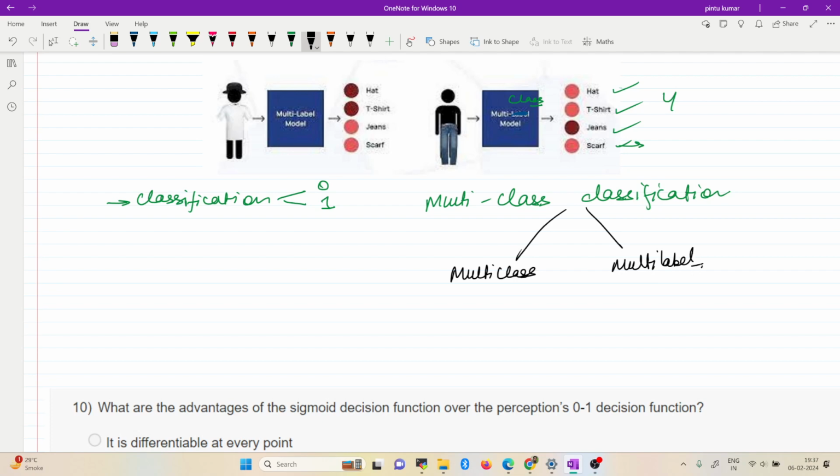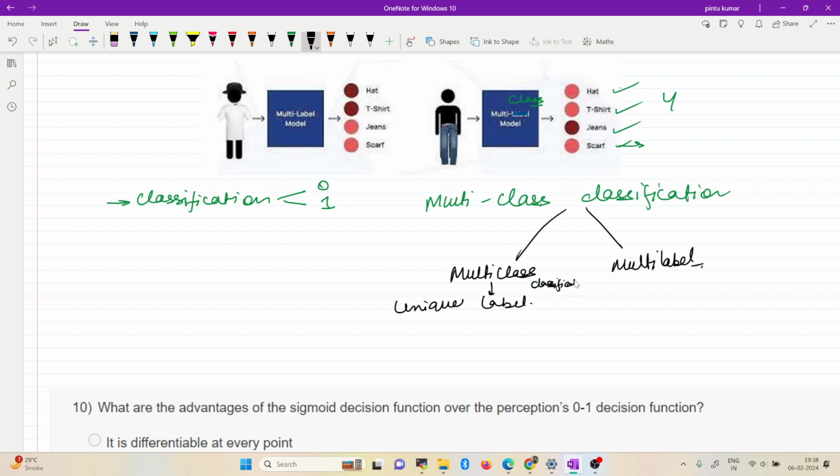Let's say you have pictures of animals and you want to predict what kind of animal it is, whether a cat, a dog, a lion or a tiger. For every picture, you will have a unique label. The same animal can't be a cat and a dog both at the same time, right? So when you have a unique label, that kind of setup is called multi-class classification.